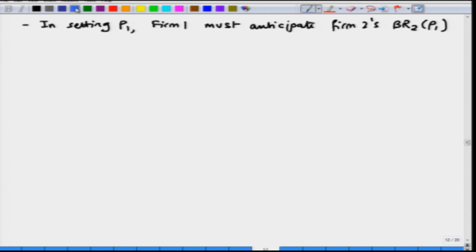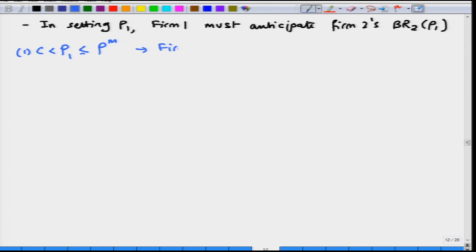And let us see what firm 1 anticipates. So, if firm 1 chooses a price between the marginal cost C and the monopoly price, well, what is firm 2 going to do?